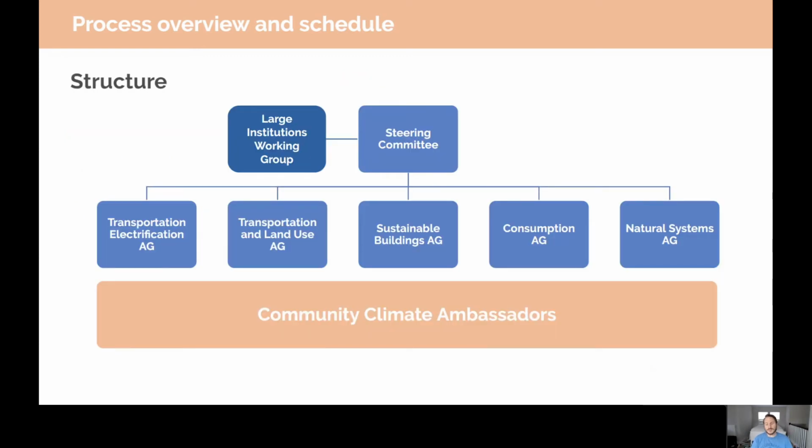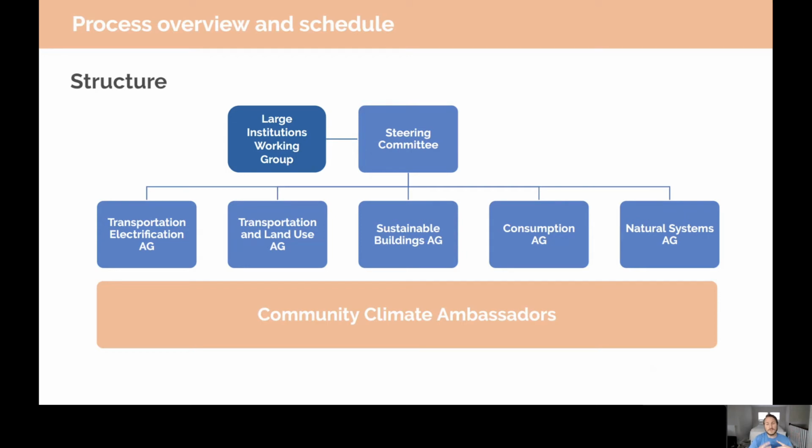This is the overall structure for the revision of this plan. We have over 100 participants in this planning process, and we're going to see in a minute, 130, 140 plus. There is a steering committee, which is made up of about 25 community members that have been meeting every other week since November to drive the overall direction of this process.